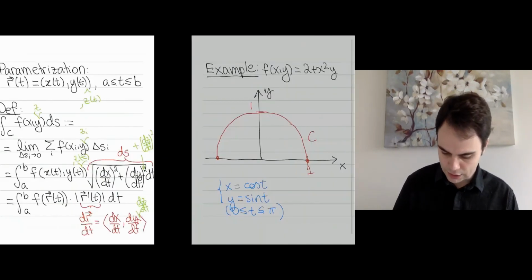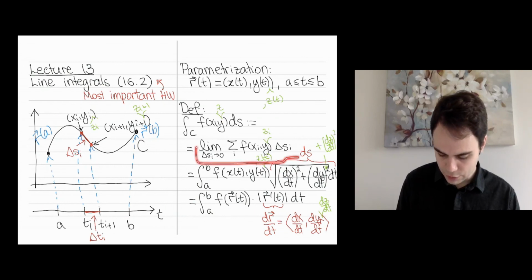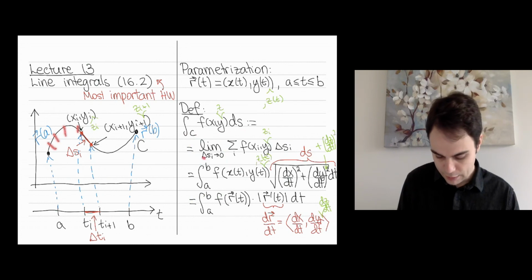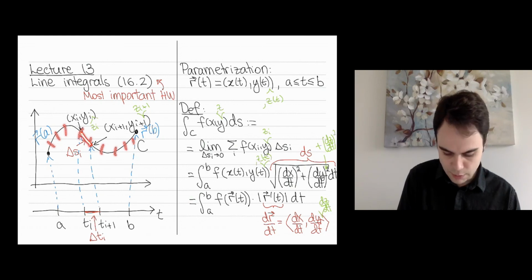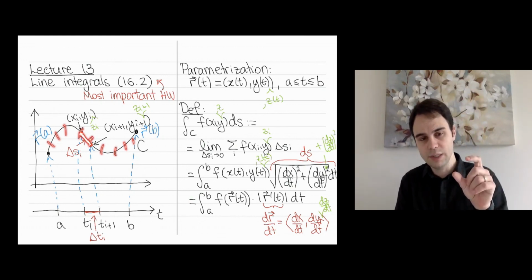Let's see why. If we look at the Riemann sums definition, we're taking limits of Riemann sums. You get a Riemann sum by subdividing the curve into little pieces, then you multiply the distance between two consecutive points by the value of the function.